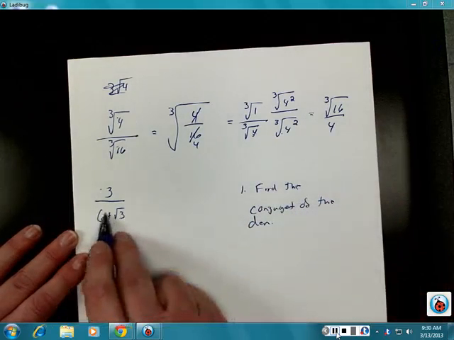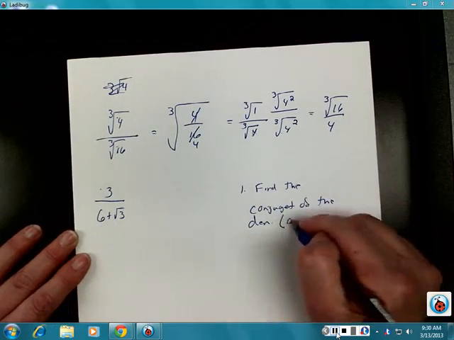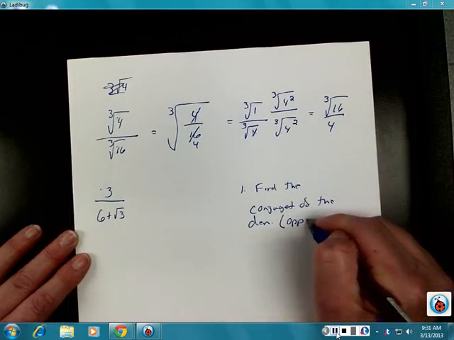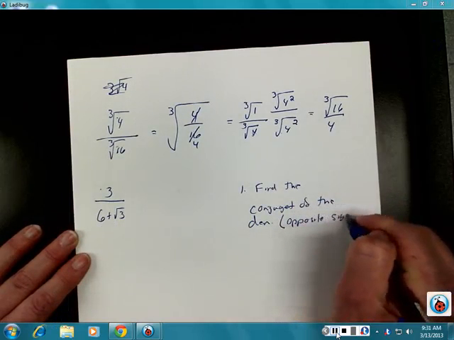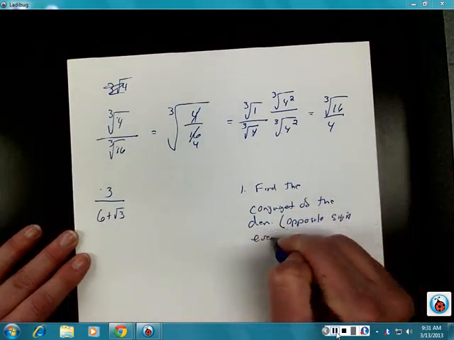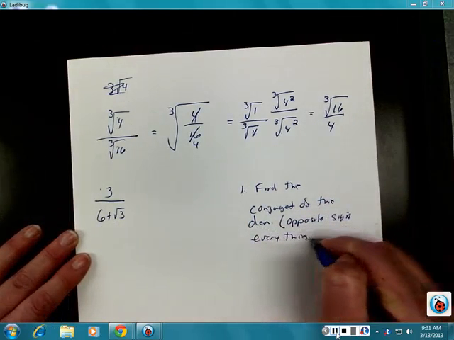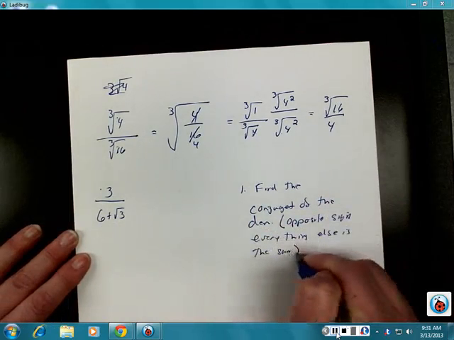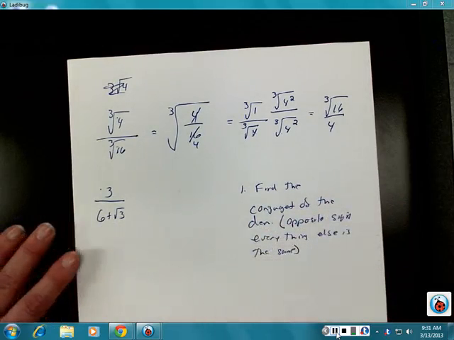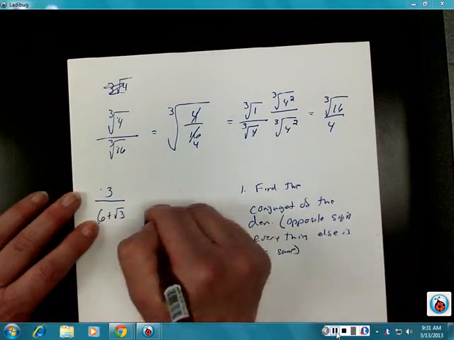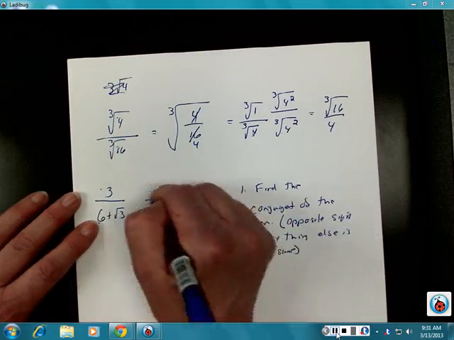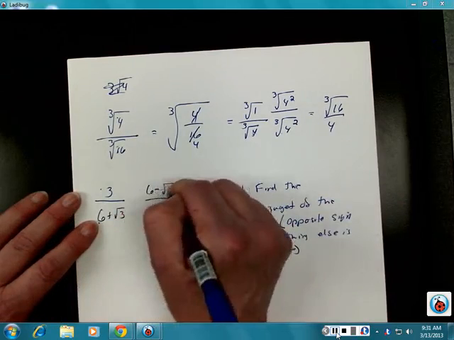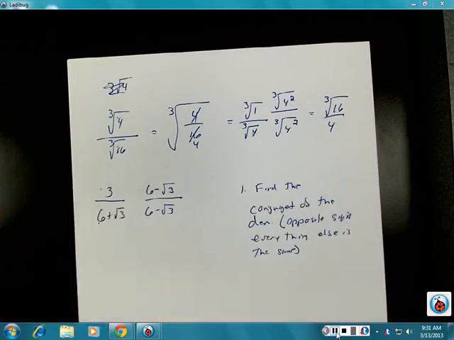And the conjugate, remember, is the opposite sign, but everything else is the same. So my conjugate is going to be 6 minus the square root of 3. So I multiply top and bottom by it.